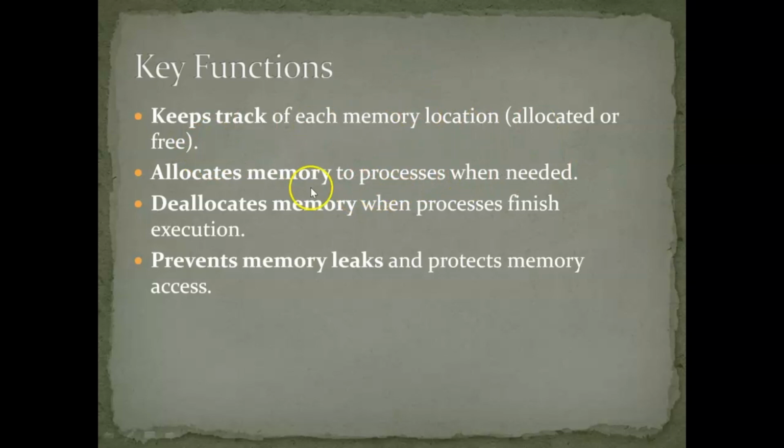So some process need the memory, that will be put in those memory spaces. Now deallocate memory when process finishes. So once the process is done, you have to remove that process from the memory. That also will be done, and prevents the memory leaks and protects memory access. So it should not be used unauthorized. It also helps in preventing unauthorized memory access.